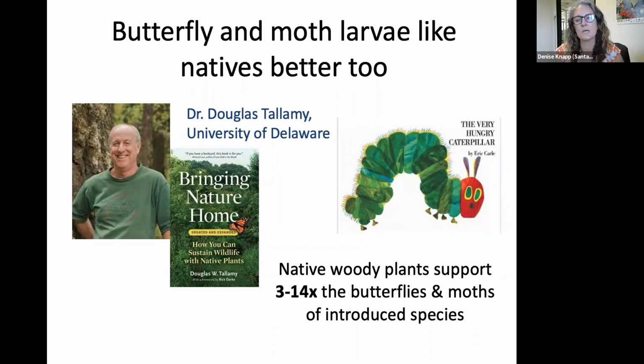And so these things are pretty specialized. Dr. Douglas Tallamy is one of my heroes. He's written Bringing Nature Home, and one of his studies found that native woody plants support 3 to 14 times the butterflies and moths of introduced species. Next.